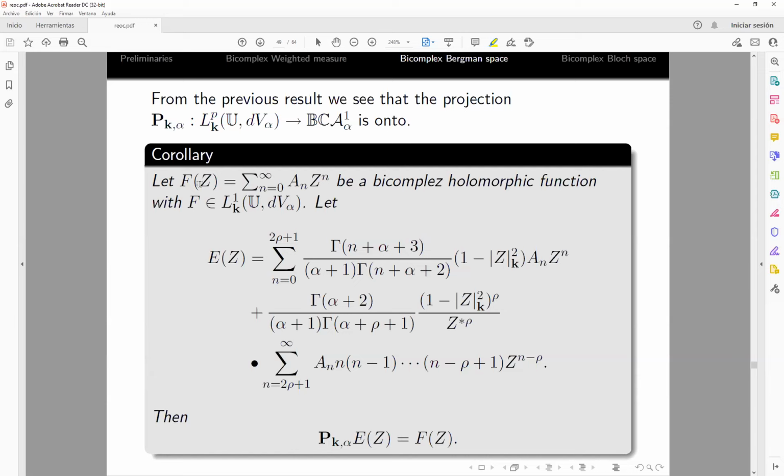Now we consider f an arbitrary bicomplex holomorphic function in the Bergman space.